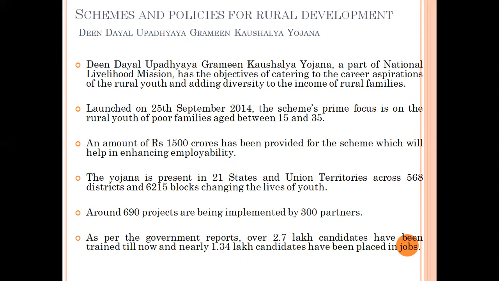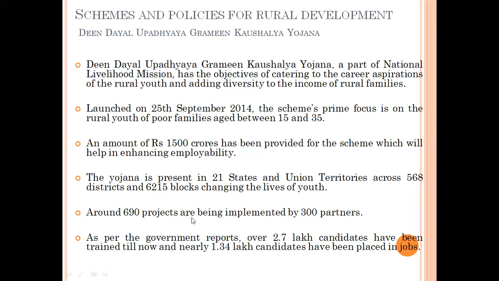It is a part of National Rural Livelihood Mission also, and a corpus of 1,500 crore is aimed at enhancing the employability of rural youth under this program. And this yojana is present in 21 states and union territories across 568 districts and 6,215 blocks.